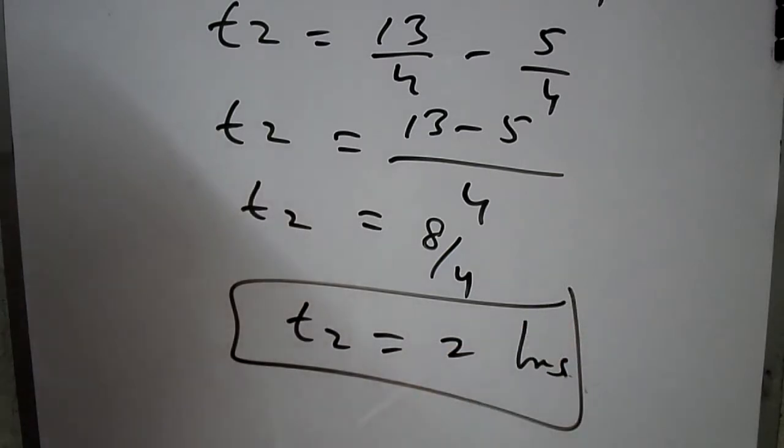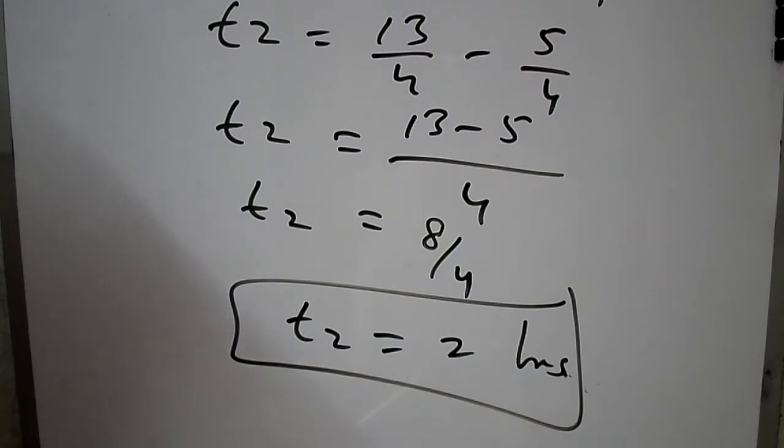So T1 is 5 by 4 and T2 is 2 hours. It means, initially we have said the distance is equal to what? We have a formula.